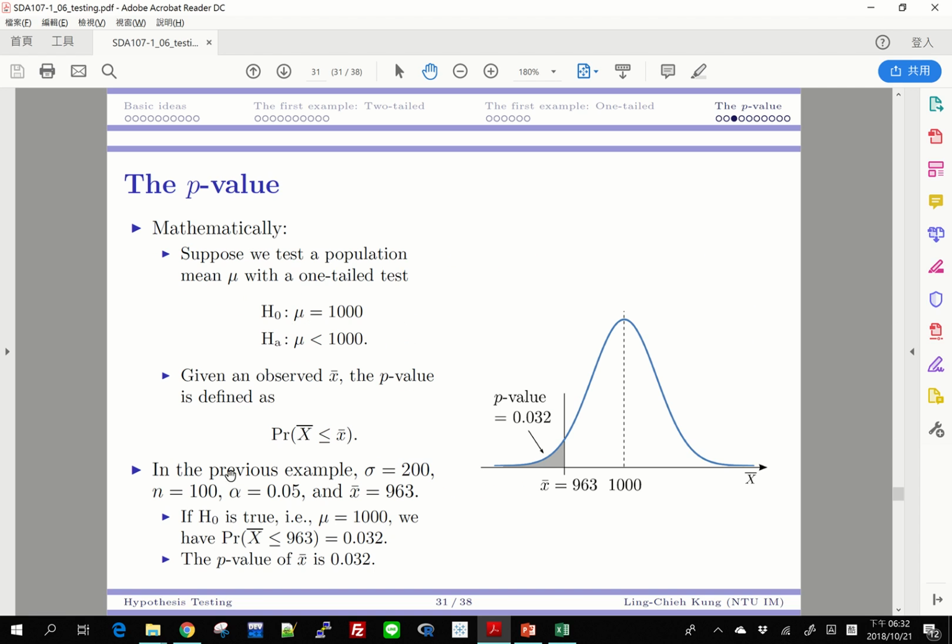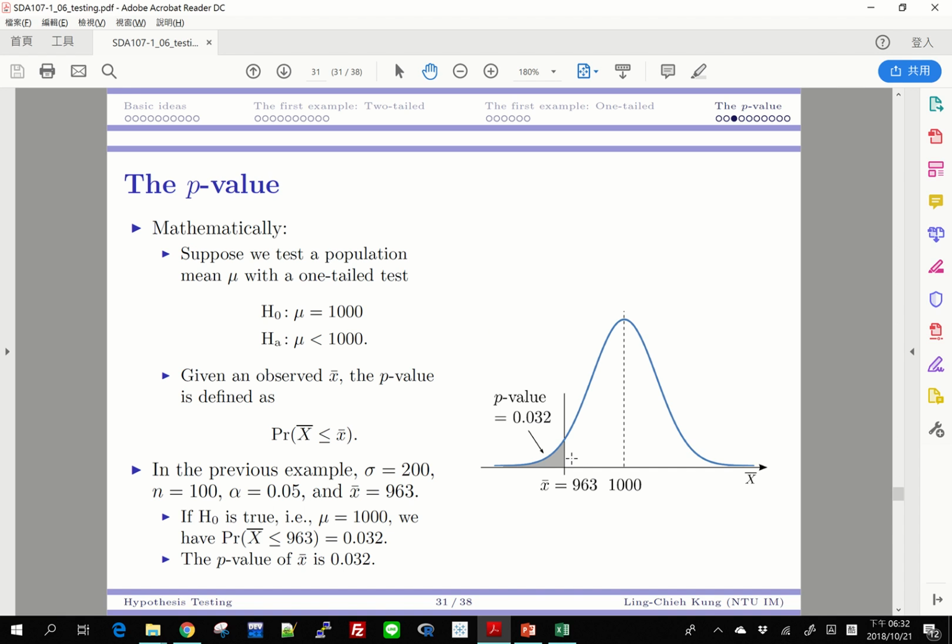And then we have all these experiments and we say we get a sample mean that is 963. Then we say we get the p-value that is 3.2%. Okay, the graph is here. We get 963. This is a value, and what's the probability for us to see it or something that is even more extreme? Okay, so that's 3.2%.